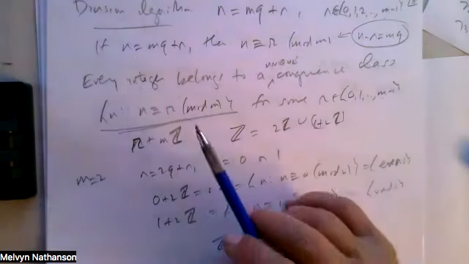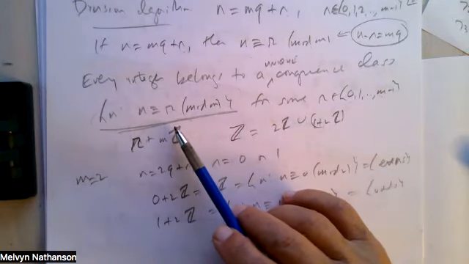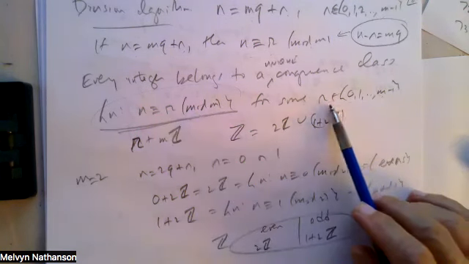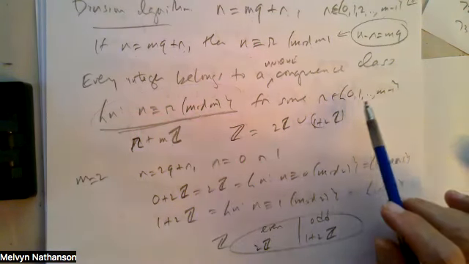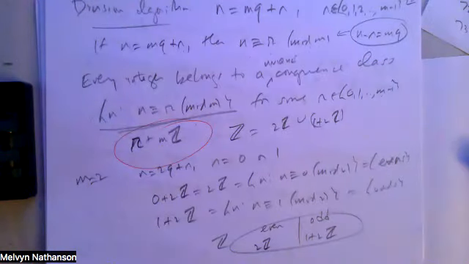That means every integer is in a unique congruence class, n congruent to r mod m, for some r between 0 and m minus 1. The notation for this congruence class is r plus mZ, the set of all integers congruent to r mod m.